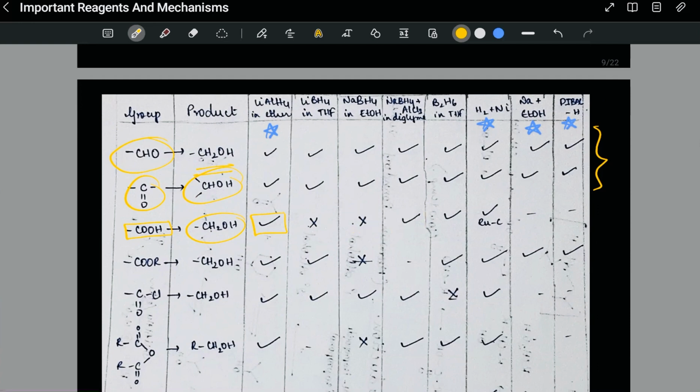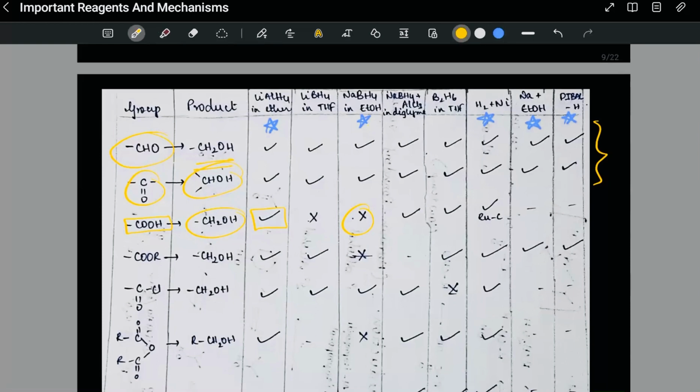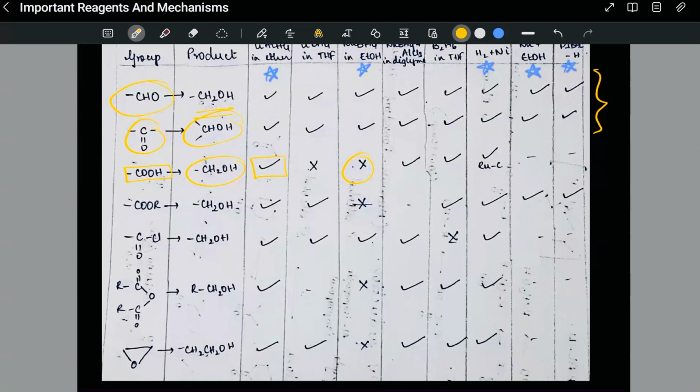This is important. LiAlH4 will convert it into a primary alcohol, while NaBH4 cannot. But if we use AlCl3 and diglyme, then it will convert it into a primary alcohol. And then you can see the table and their corresponding products.